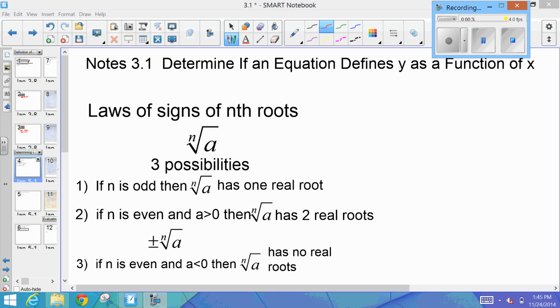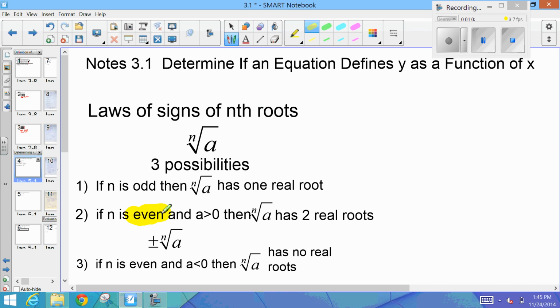And these rules are going to help you determine that very easily. Make sure you have these rules in your notes. But here's what it boils down to. For polynomials, if you have to take a root to solve for y, and if the root is even, then there are two solutions.